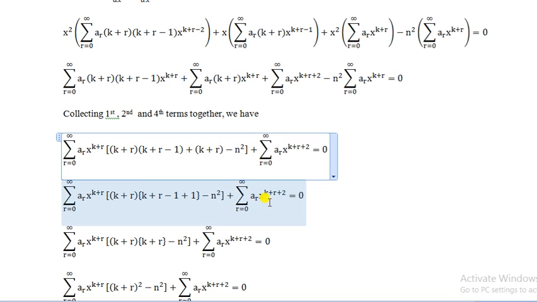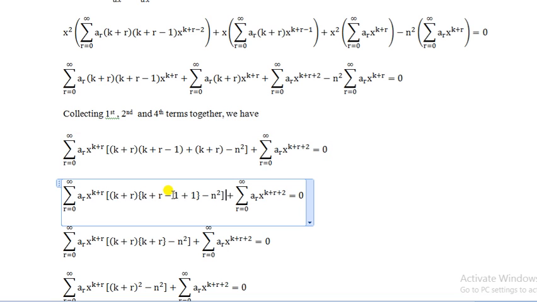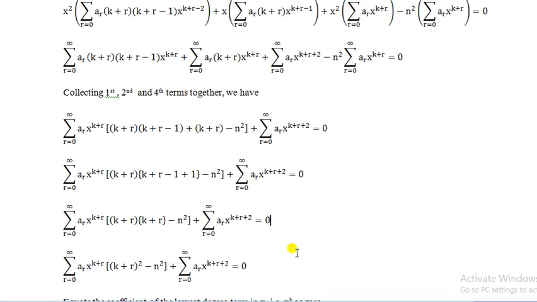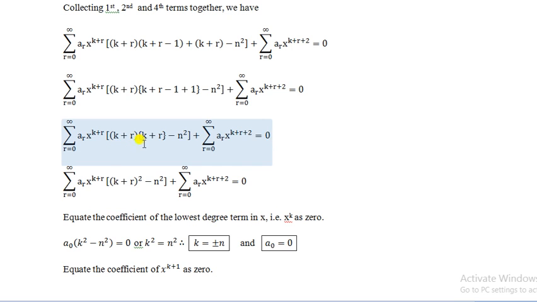The third term is ar x raised to k plus r plus 2 equal to 0. Now here minus 1 and plus 1 cancel out. The remaining terms are k plus r and k plus r minus n square and the last term. So k plus r into k plus r becomes k plus r square minus n square, plus summation of ar x raised to k plus r plus 2 equal to 0.